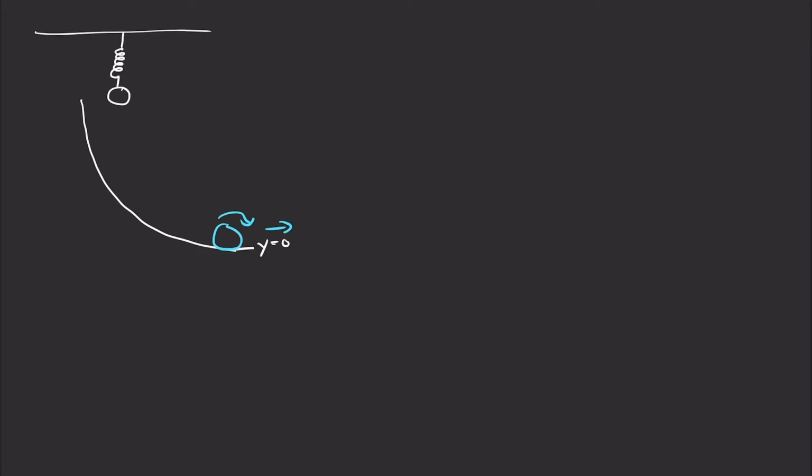So first off, let me write what I know. So my K is 399 newtons per meter. My delta L, or X, is still 5 centimeters, or 0.05 meters. My height is still 3.2 meters. Mass is 12 kilograms. And so I still want to do conservation of energy.